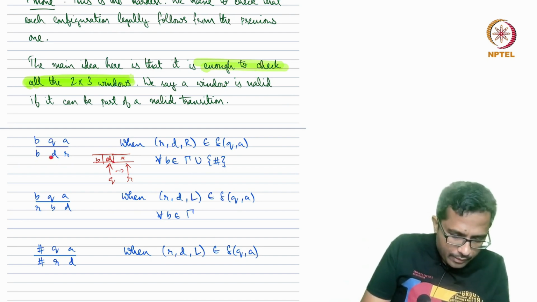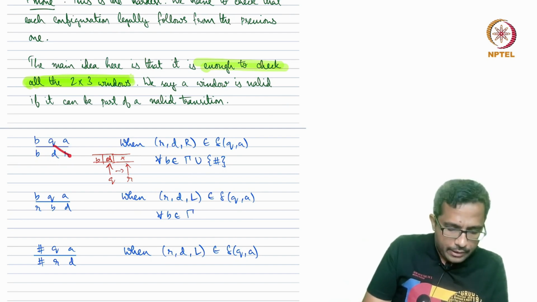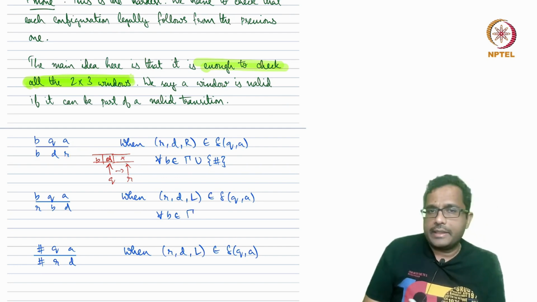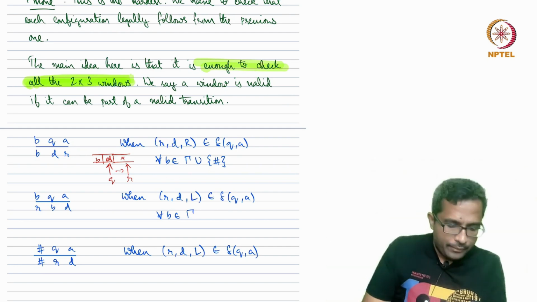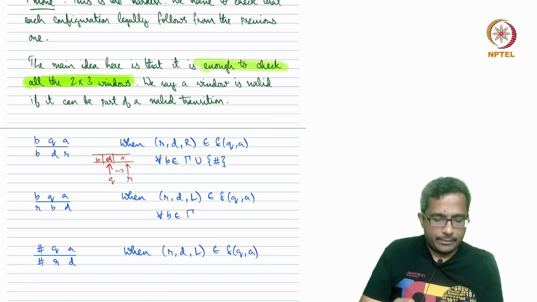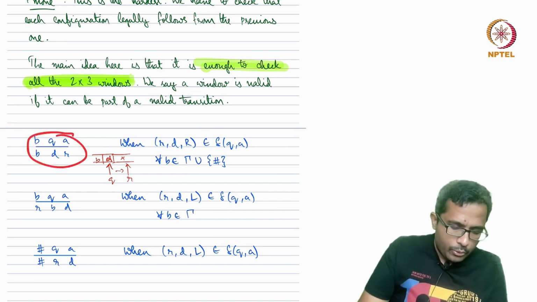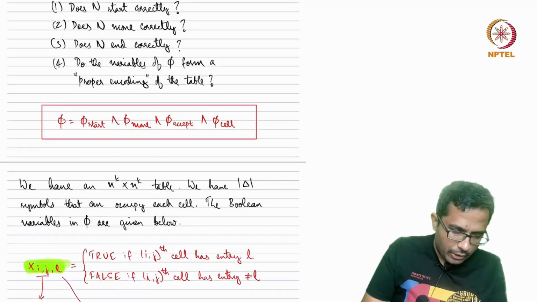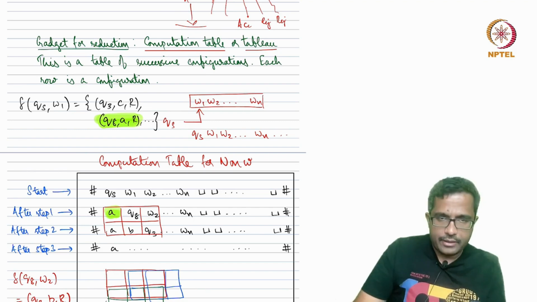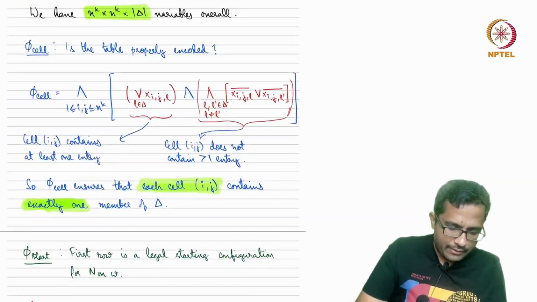The A becomes D, and the tape head moves one step to the right, and you have R. Whatever the tape head is pointing at will be here, but that is not part of the 2x3 window. That will get captured in the window when we move to the next step. So this is a valid window, B Q A B D R. In fact, the thing that we saw here was similar. We have A Q8 W2 and A B Q3. The roles of A's and B's have changed around, but you see why this is a valid window.